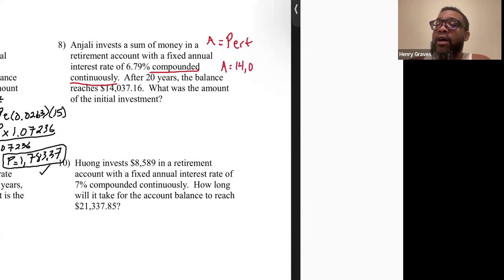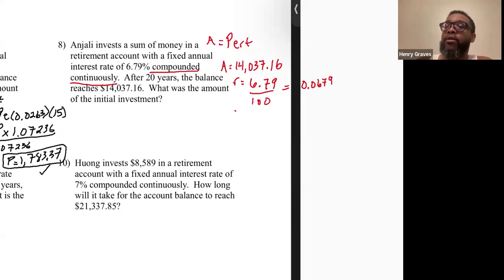That's how much you ended up with. My rate is going to be 6.79, again divided by 100, which is 0.0679. And the time is 20 years. So I'm going to go ahead and solve my answer.